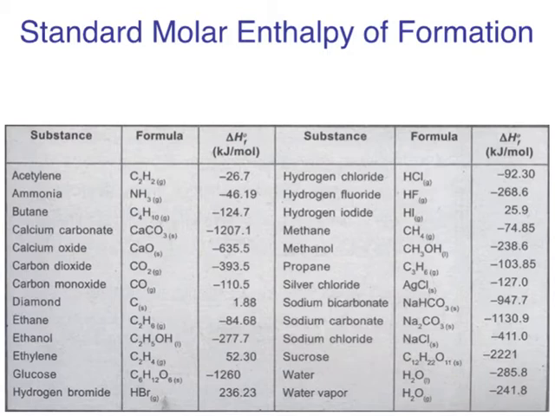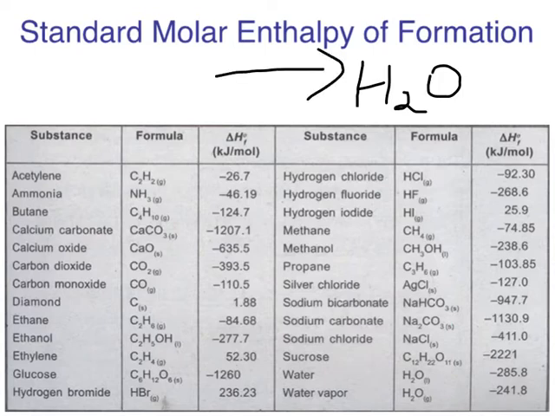Now, let me just show you an example here. So let's say we wanted to form water, H2O. Okay, H2O is on here. So let's say we wanted to form water, regular water, liquid water, at room temperature. If I wanted to do that, the standard molar enthalpy of formation would involve its individual elements.